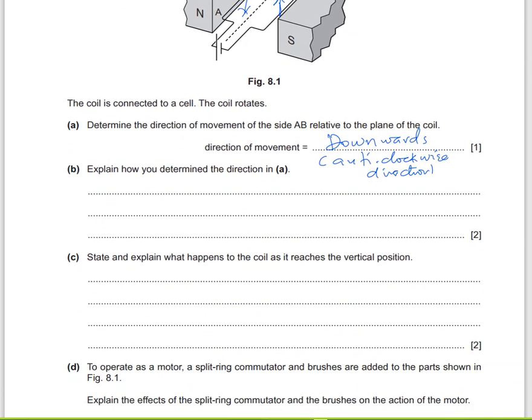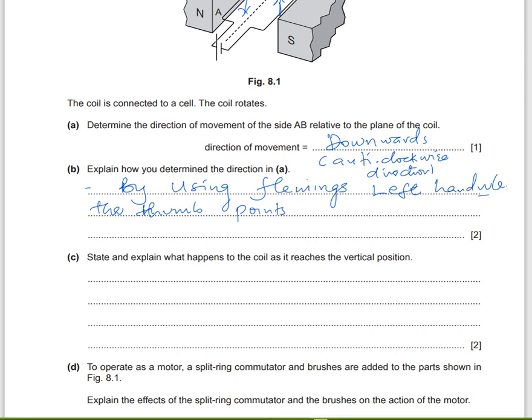Explain how you can determine the direction in A. So you can use Fleming's left-hand rule, whereby in Fleming's left-hand rule, the thumb points in the direction of motion.